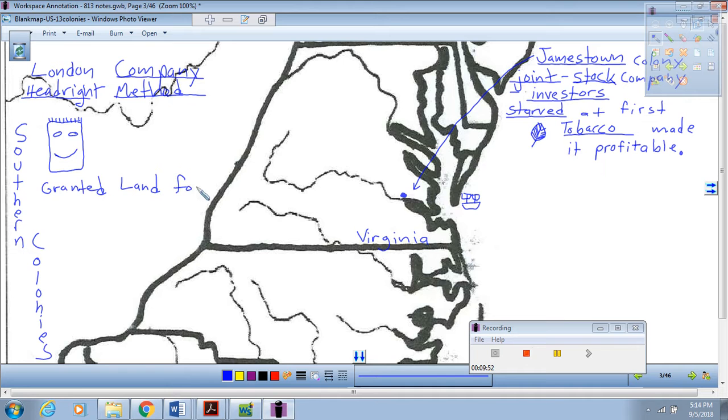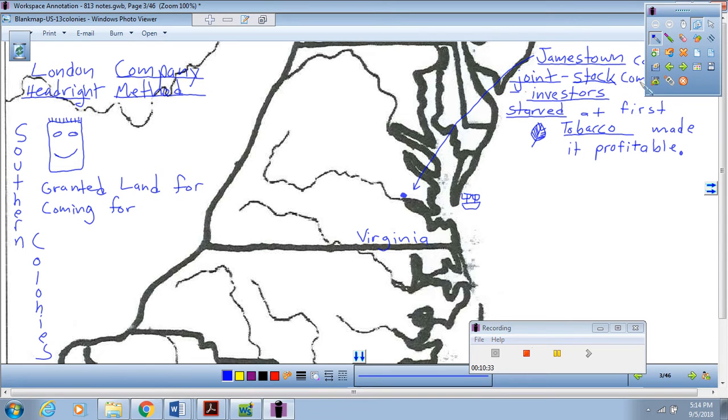Now, the whole reason that the London Company wanted to attract people to Jamestown was so those people could grow tobacco and of course share a portion of the profits with the London Company, because even though the land was initially free, the London Company was probably going to charge a yearly rent or demand a portion of the profits that those who were growing tobacco on their land were going to make.